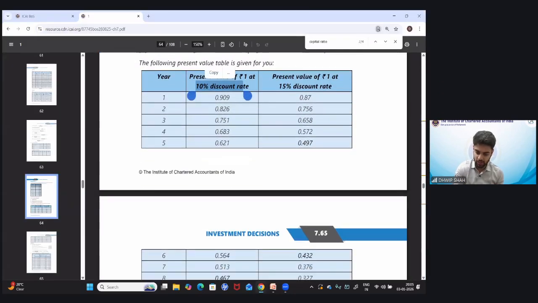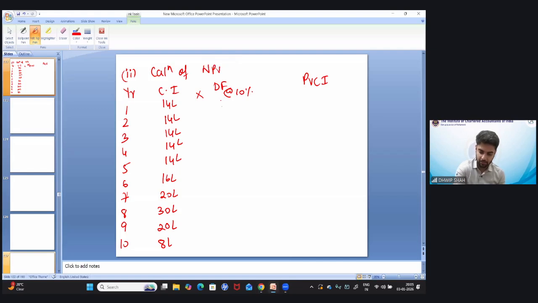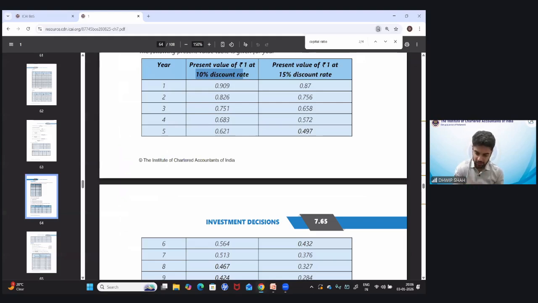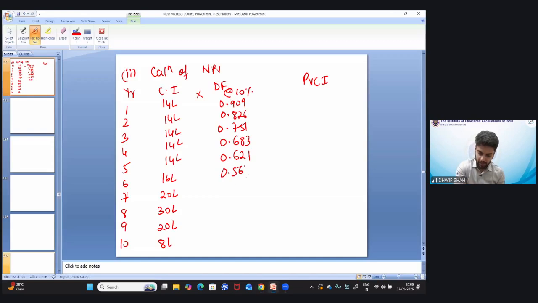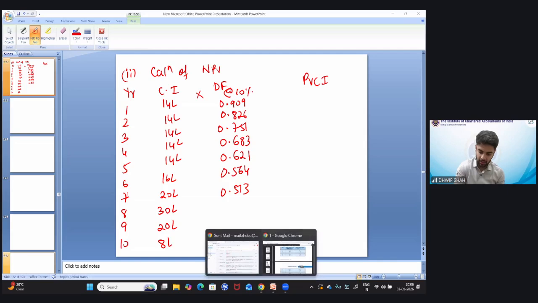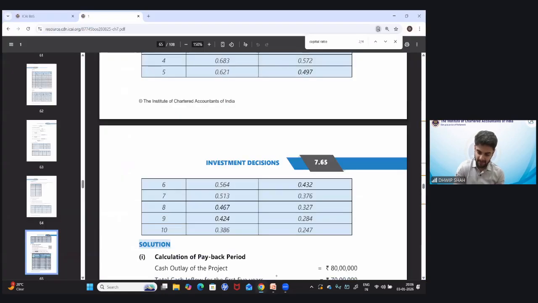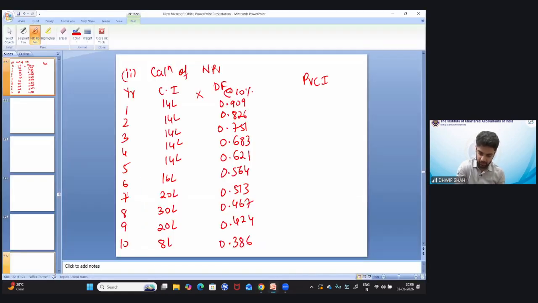So just take these values. Now don't calculate on calci. Simply substitute 0.909, 0.826 for year 2, 0.751, 0.683, 0.621, 0.564, 0.513, 0.467, 0.424, 0.386. ठीक है.